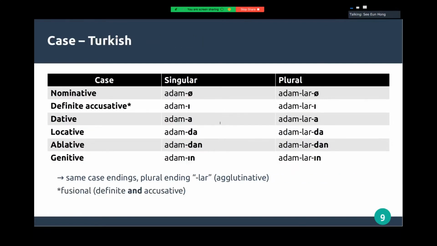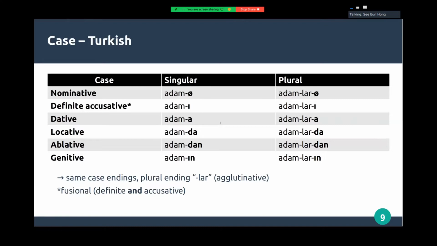And compared to that, here's the Turkish noun declension table. Except for one case, which is the definite accusative, which tells us both that the noun is definite and that it's in the accusative case, so it's actually fusional. But in other cases, it only tells us about the case, and we know that because if you compare the plural forms, they actually share the same endings as the singular forms.